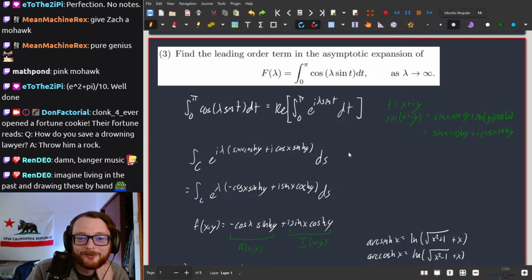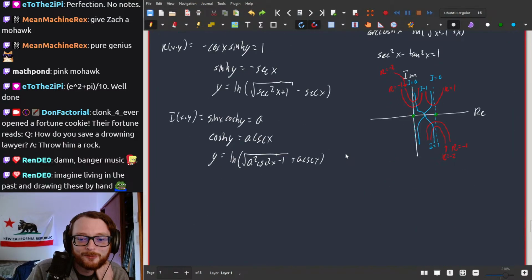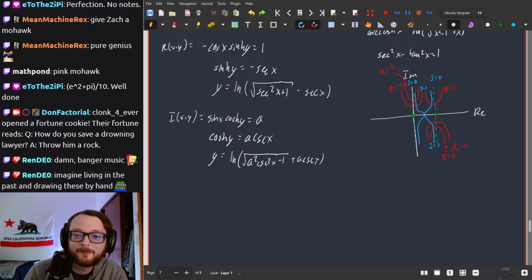I think we know the contour though. So we can start to actually write out what these integrals are going to be. Okay, got black selected.